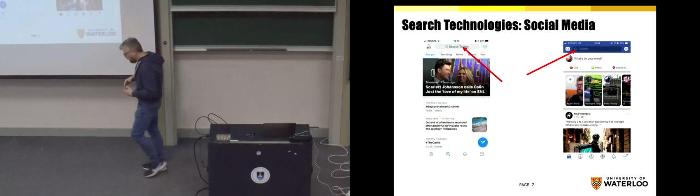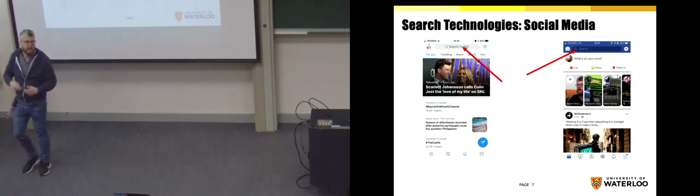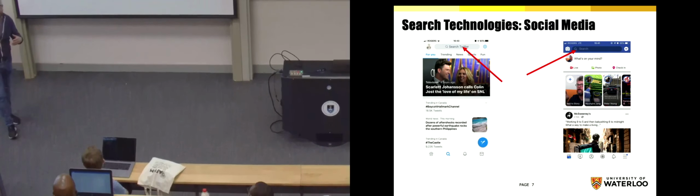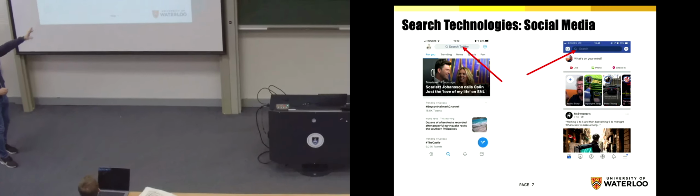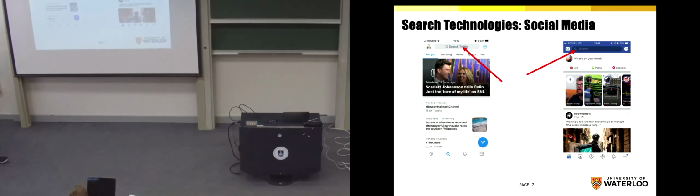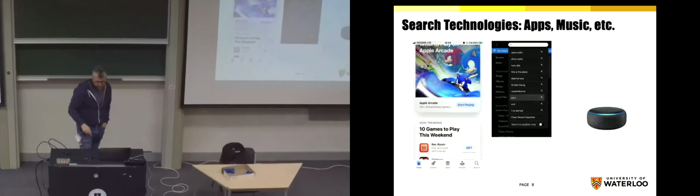And so on the web search engines, you're searching the web, of course. On the e-commerce search engines, you're searching a collection of products, okay? Here you're searching social media posts and images and things like that. And then there's a lot of other places, app search.